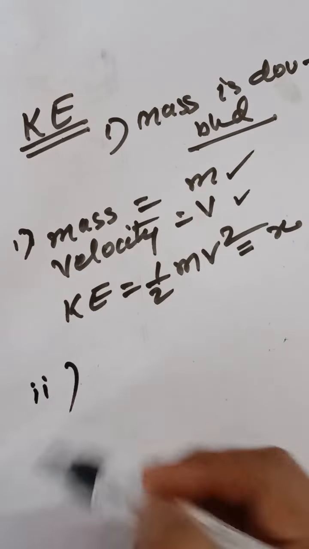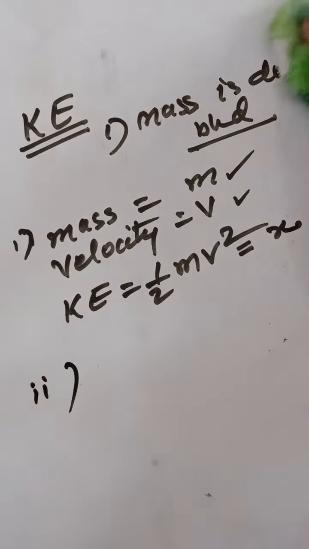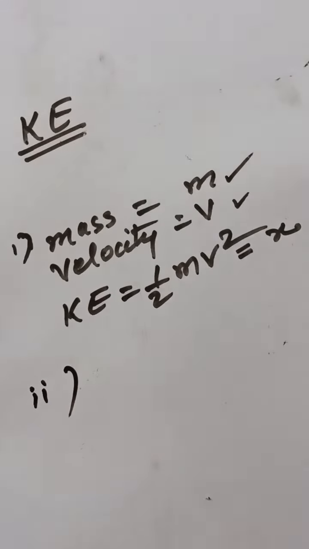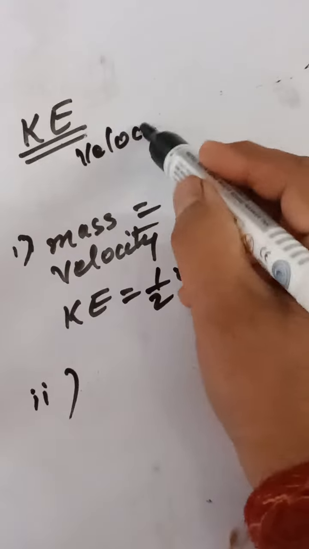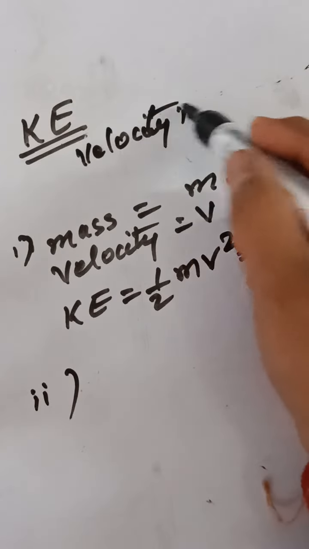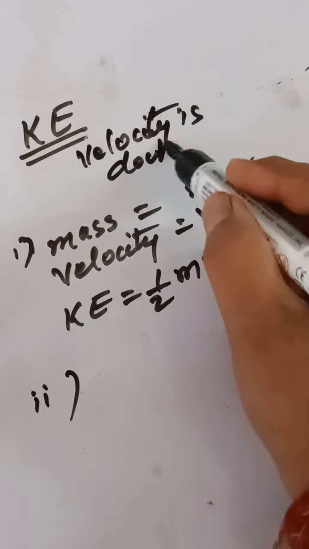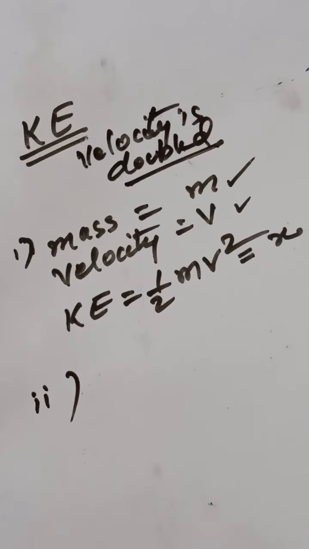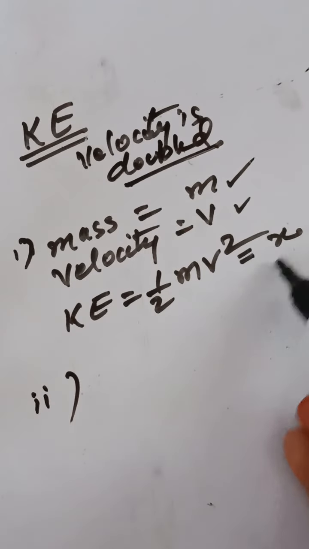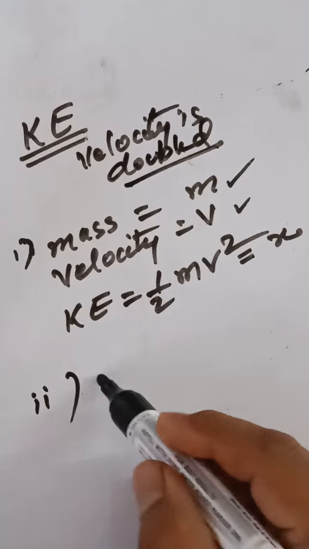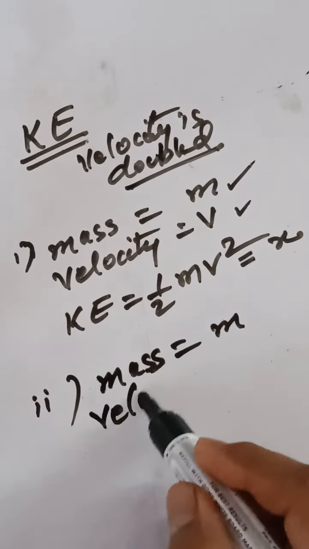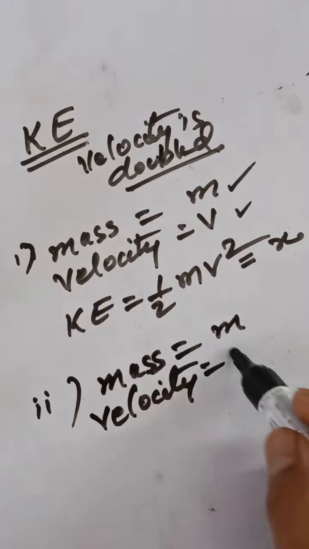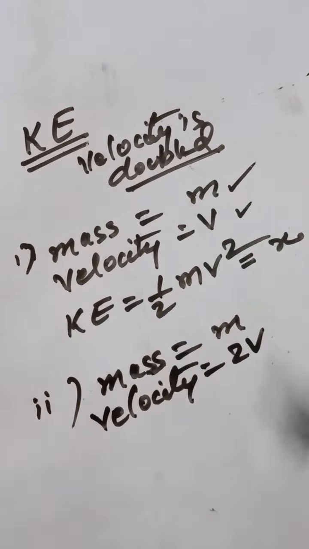Now, in this case we have to double the velocity, that is, velocity is doubled. Now we will take mass as m and velocity as 2v, as it is given.